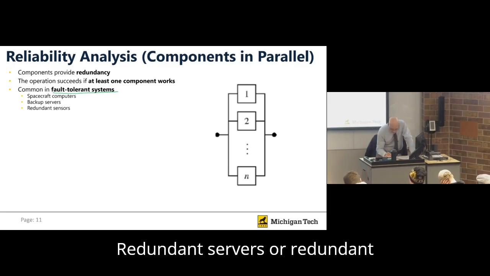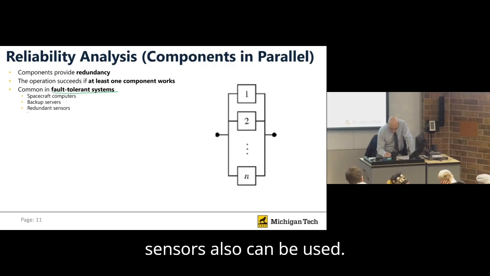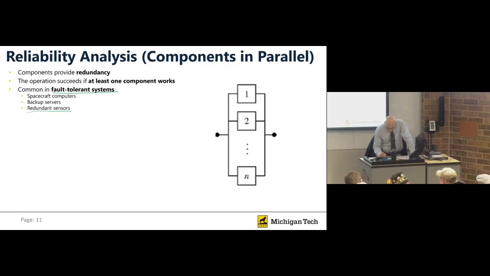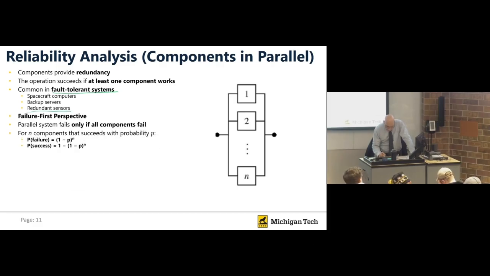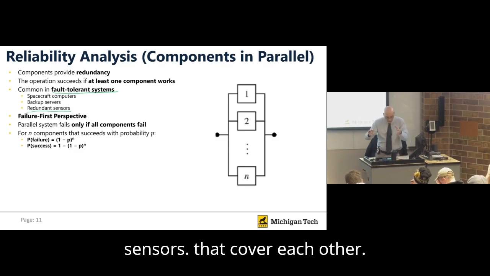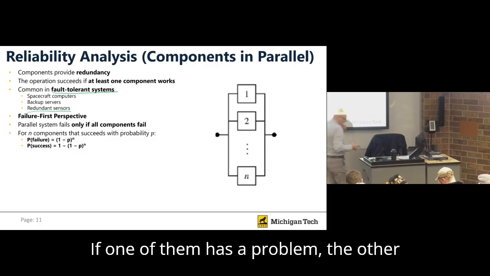Redundant servers or redundant sensors can also be used if you want a precise system. You need multiple sensors that cover each other. If one of them has a problem, the other one works.